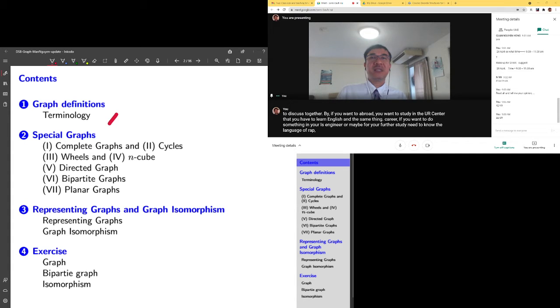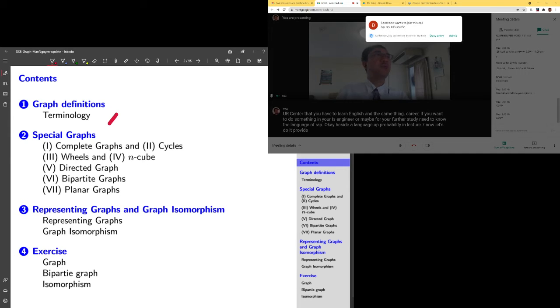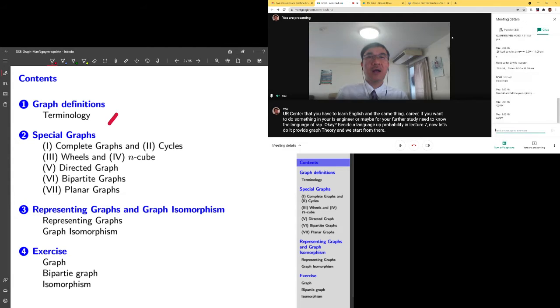Besides the language of probability in lecture 7, now lecture 8 provides graph theory, and we start from basic definitions. We call this the terminology. Terminology means definition.